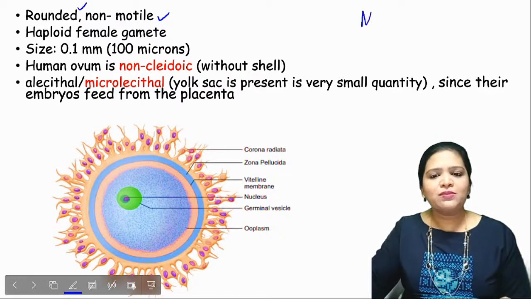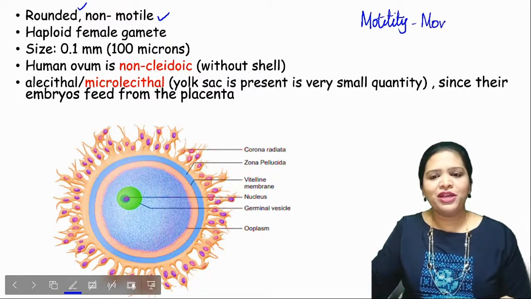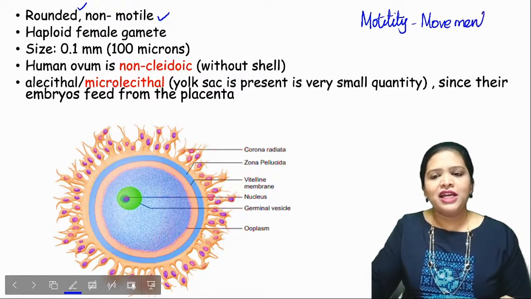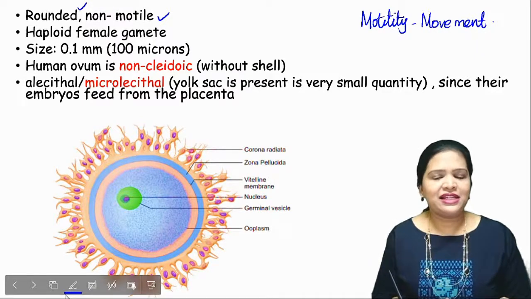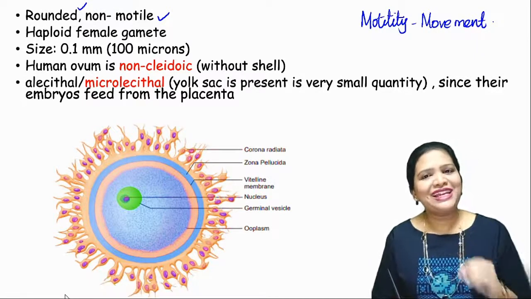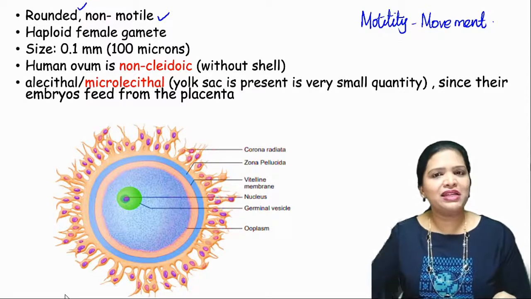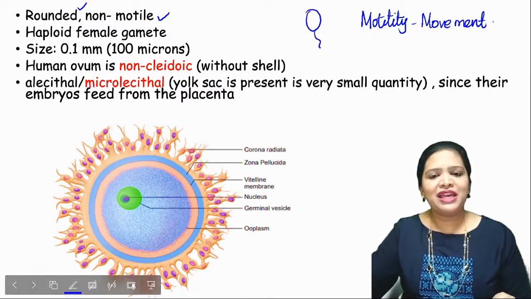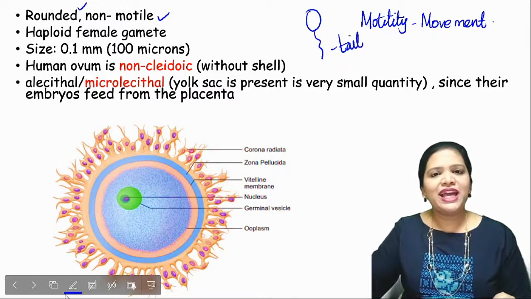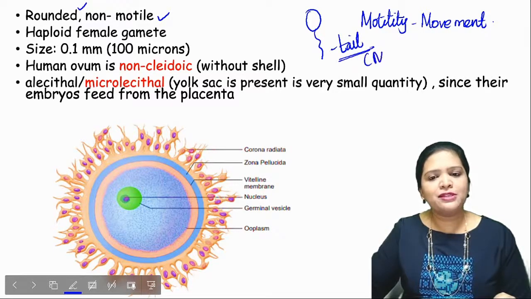So what is motility? Motility or motile means movement. See, this is a female gamete cell, right? Similarly, we have the male gamete cell. So what is the male gamete cell? Sperm is the male gamete cell, right? The sperm has a tail. With the help of this tail, the sperm is motile.